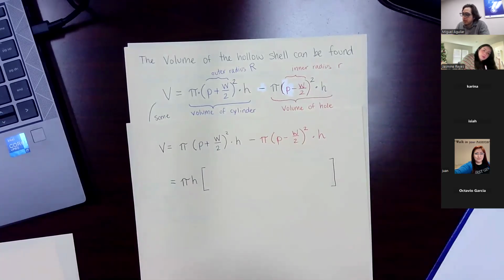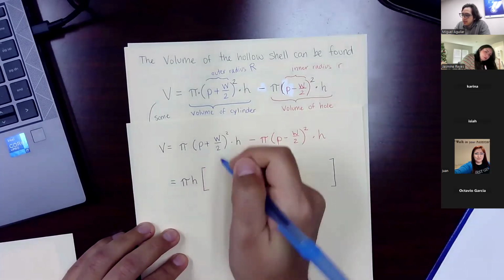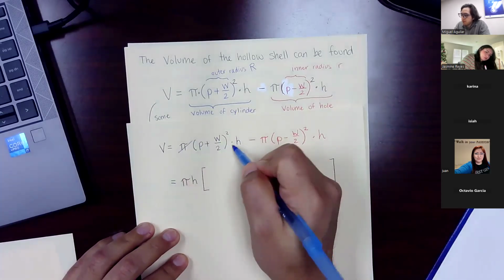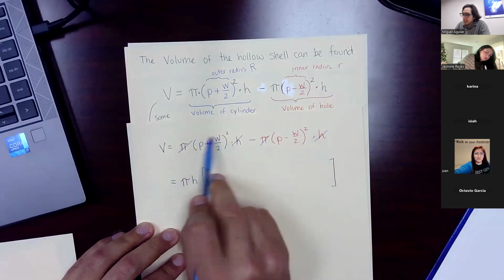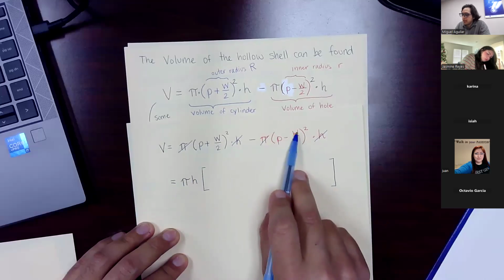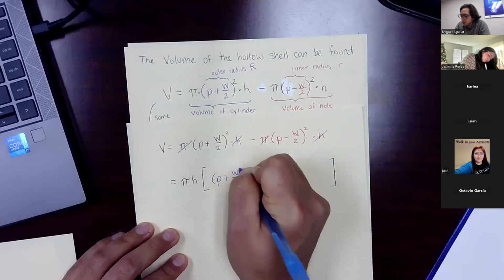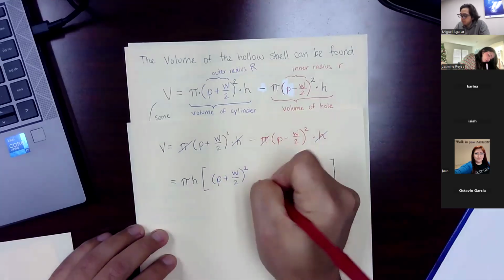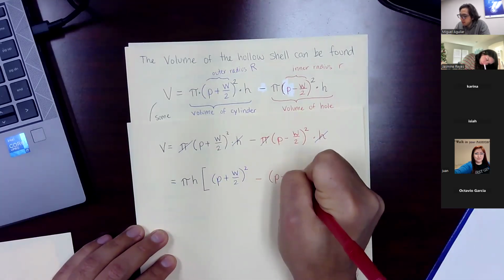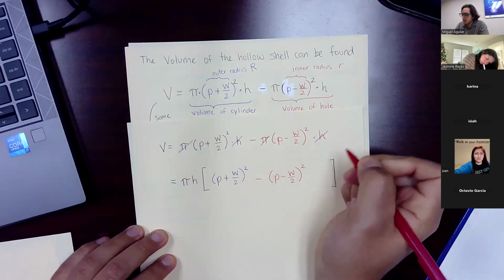What I'd be left with is this thing minus this thing: (p plus w over 2) squared minus (p minus w over 2) squared.